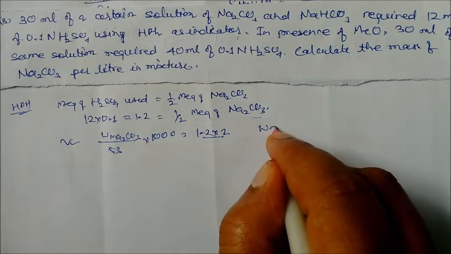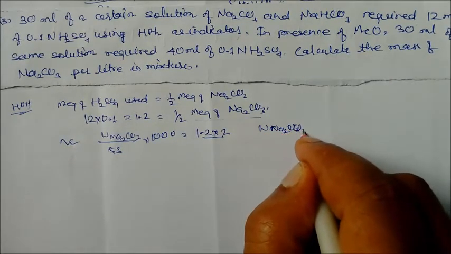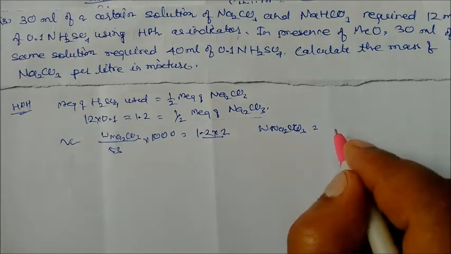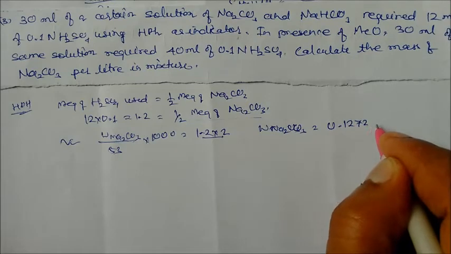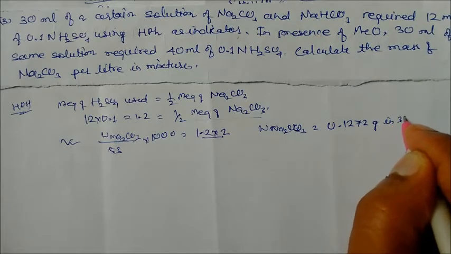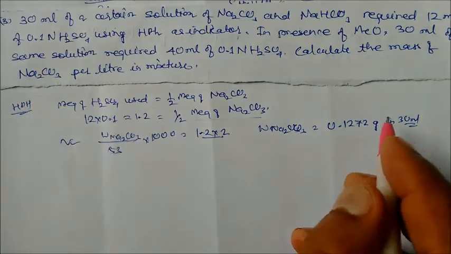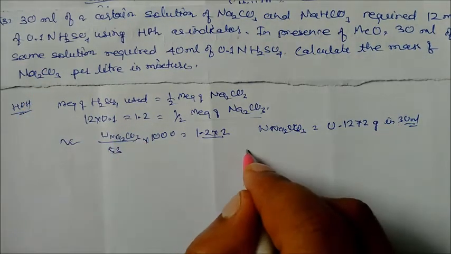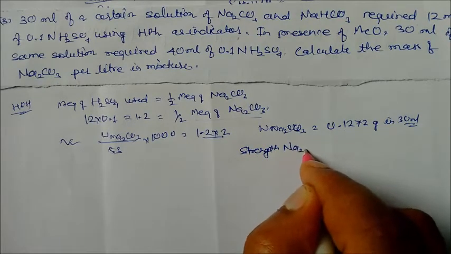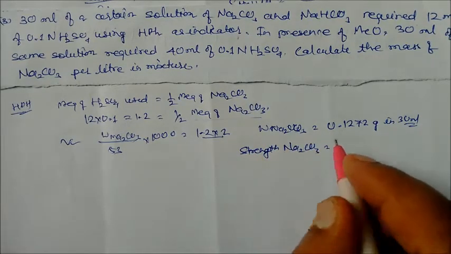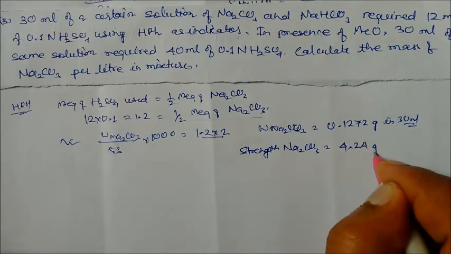So here we can find the weight of sodium carbonate, which will be 0.1272 gram in 30 ml. Okay, so we have to find it per liter. So the strength of sodium carbonate will be 4.24 gram per liter.